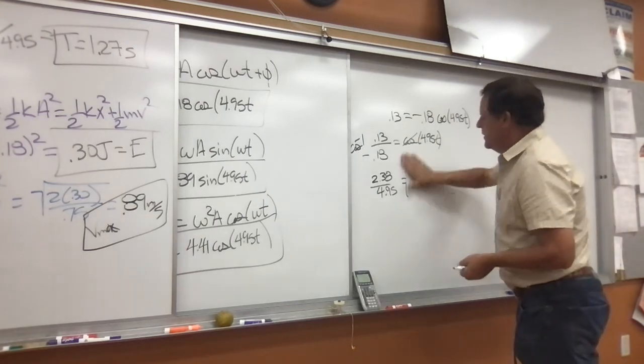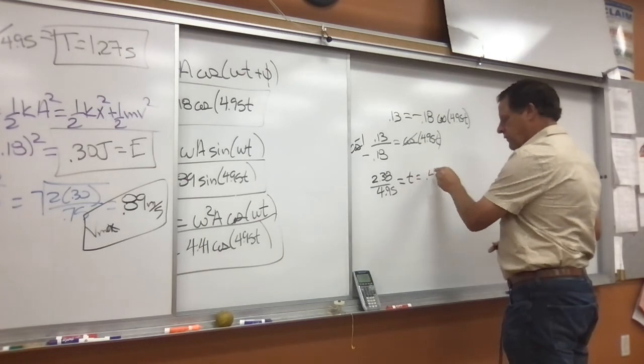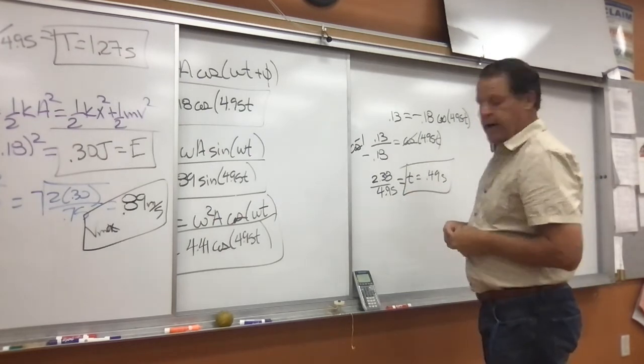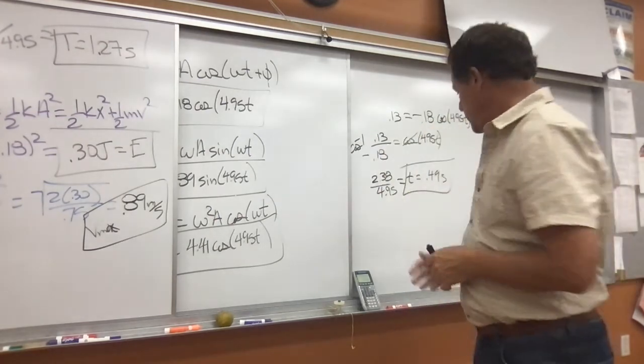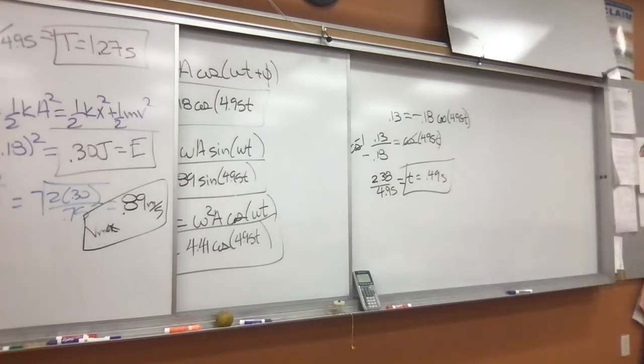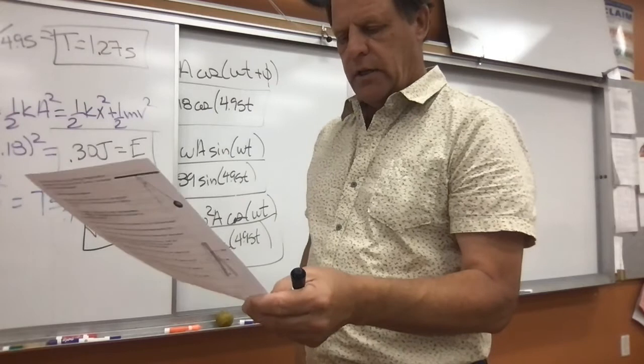All right, so that looks a little bit better. So our time is equal to 0.49 seconds. Okay. All right. So that is question, which question is that? That is going to be question number 13.